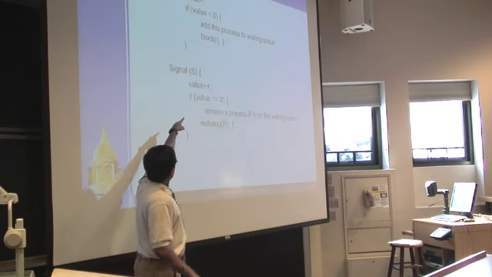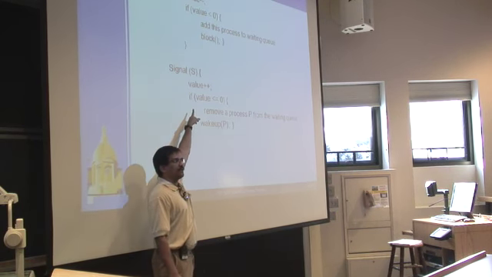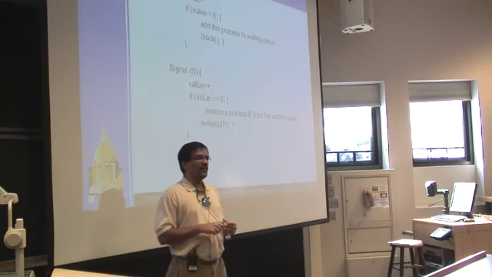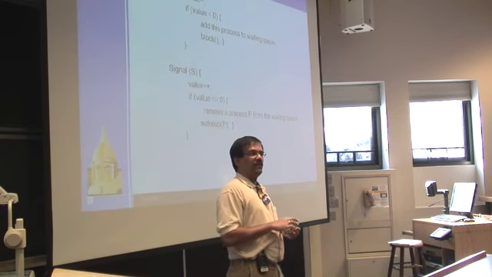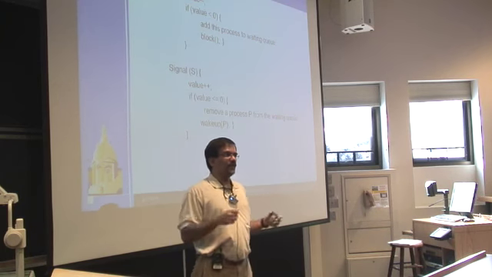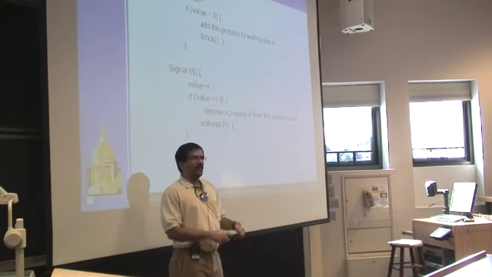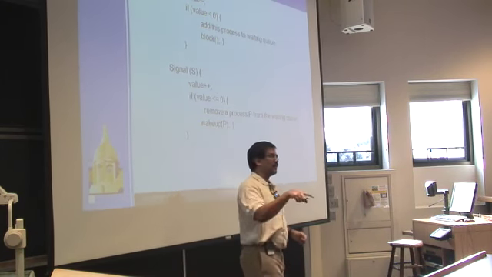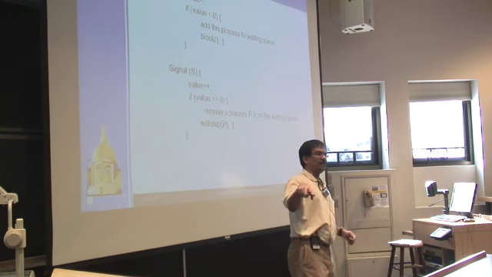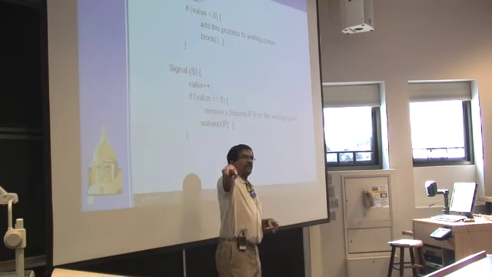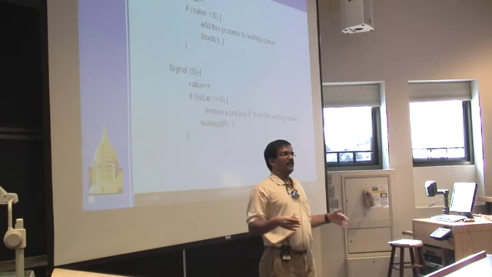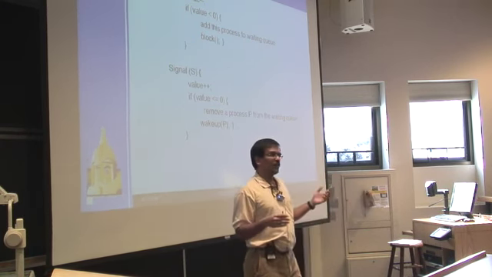And in signal, you increment the value, and if you find that you increment the value to be above 0, potentially some thread could be woken up, so you call wake up, right? And it's up to the operating system to figure out which one of the blocked threads should be woken up. It's not saying wake up that particular thread. If there are more than one thread waiting, one of the threads will be woken up, right?